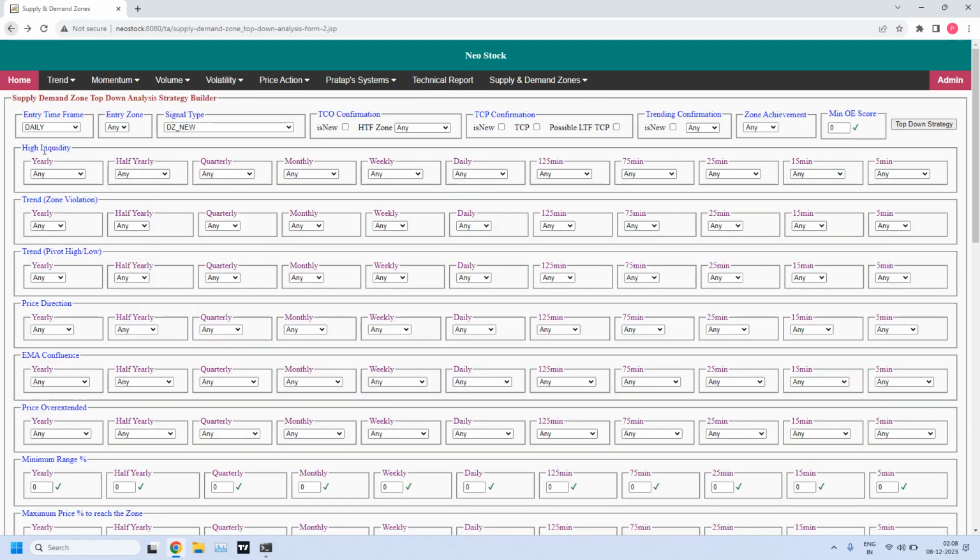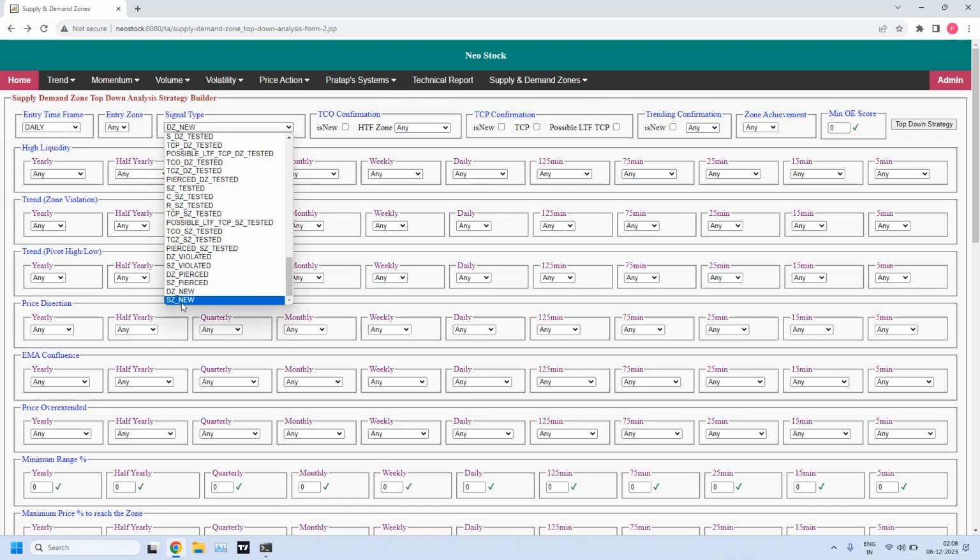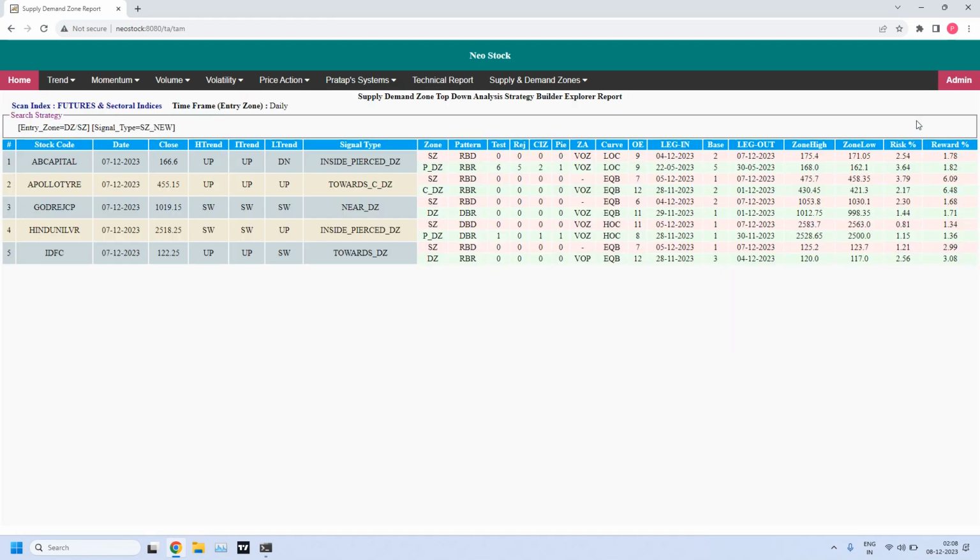So let's go back. Entry time frame is daily. Let us find the stocks having newly created supply zones. So these 5 stocks are having newly created supply zones. So this is the filtered list for daily time frame.